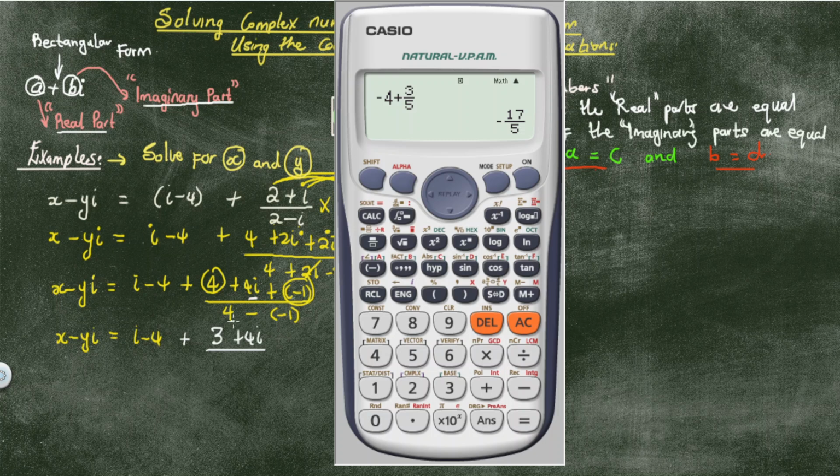And then here, this and this combined, when punched on the calculator, give us a 5. And then simplifying this further, x minus yi is equal to i minus 4 plus 3 over 5 plus 4 over 5i.